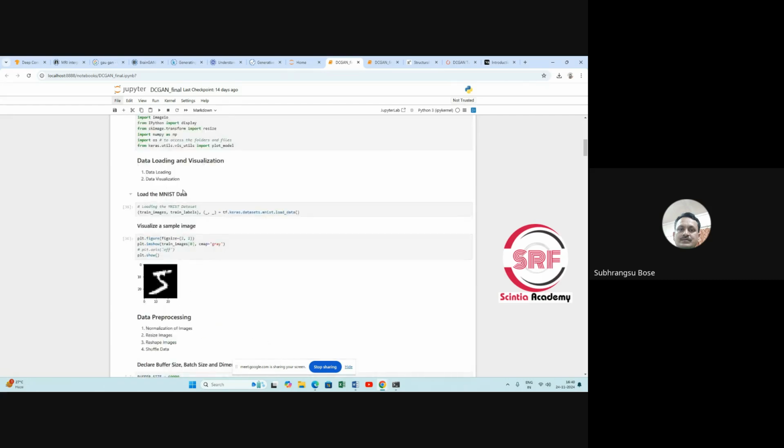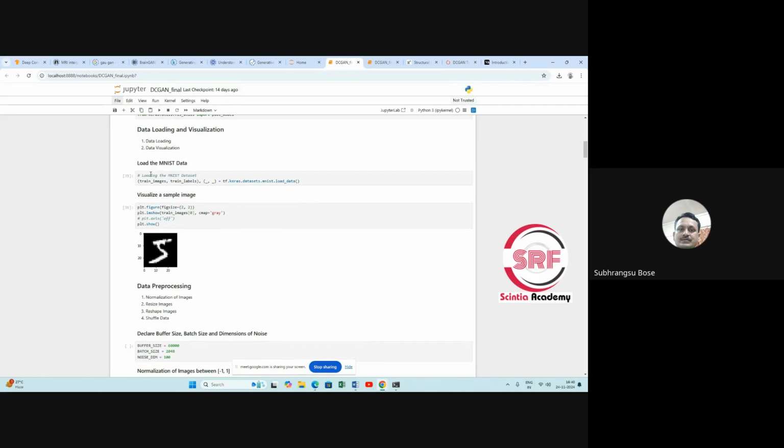Data loading and visualization. MNIST data loading: train images, train labels, from tf.keras.datasets.mnist.load_data. Here the train images and train labels should be noticed. Labels are very necessary: which is 1, which is 2, which is 3, which is 5, which is 6, the integer.